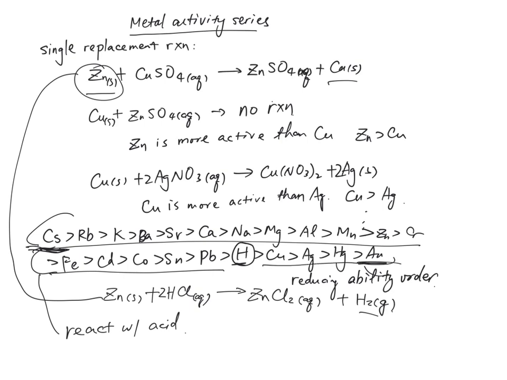What about these four guys that we put behind hydrogen? This means hydrogen is more active than these guys. So for this bunch, no reaction with acid. You're not going to produce hydrogen gas if you put these metals into an acidic solution. All the other ones up front before hydrogen can do that.